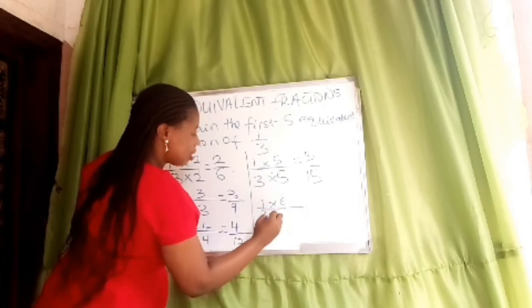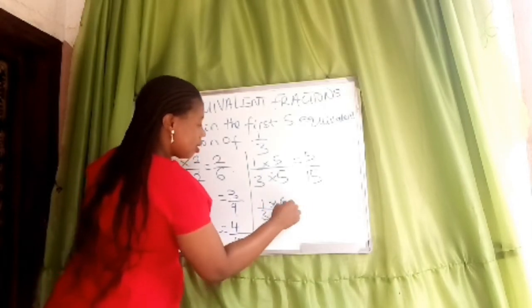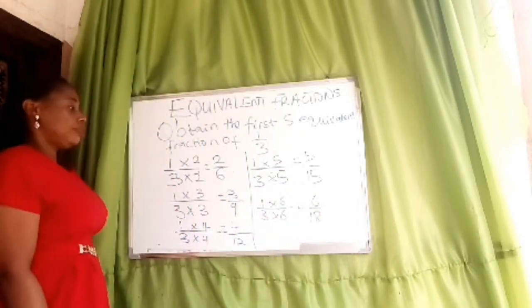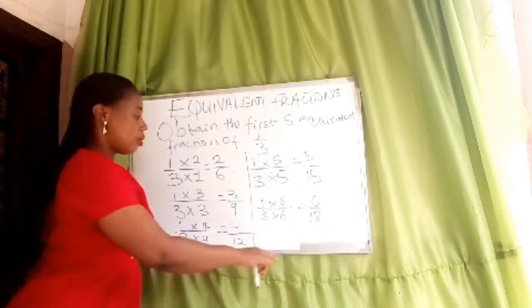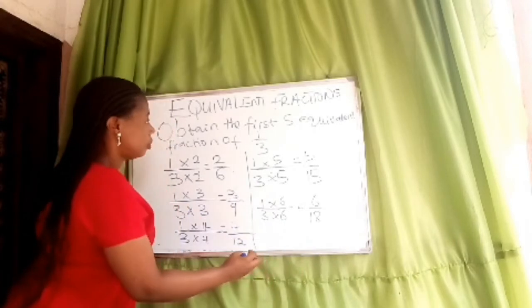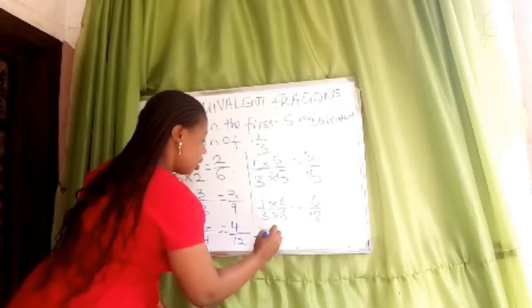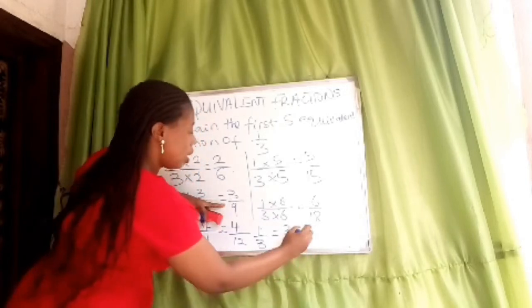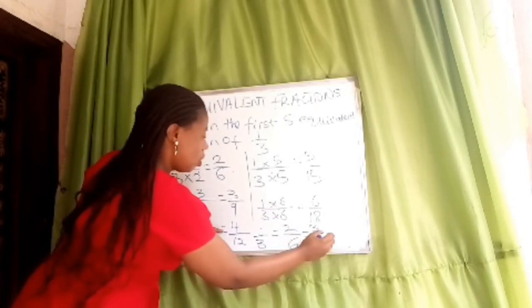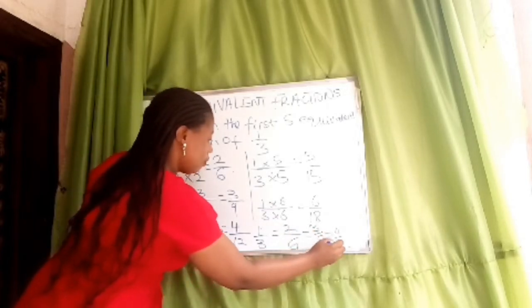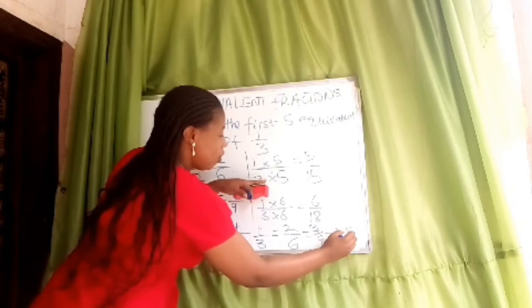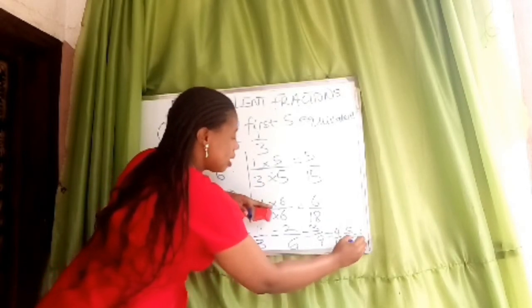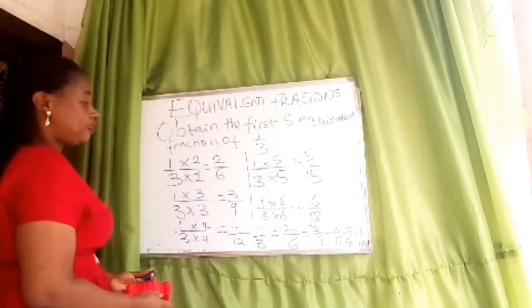1/3 times 6 times 6. You have 6/18. So 1/3 equals to 2/6 equals to 3/9 equals to 4/12 equals to 5/15 equals to 6/18.